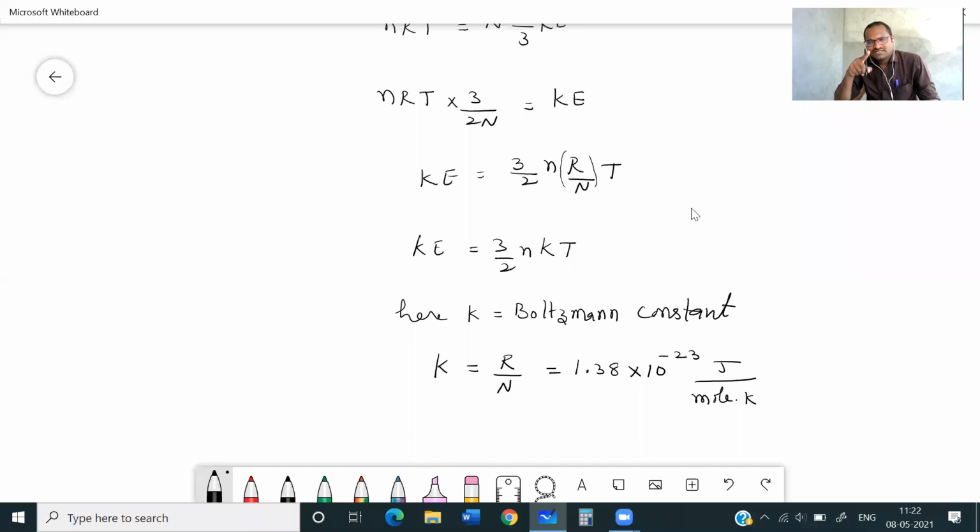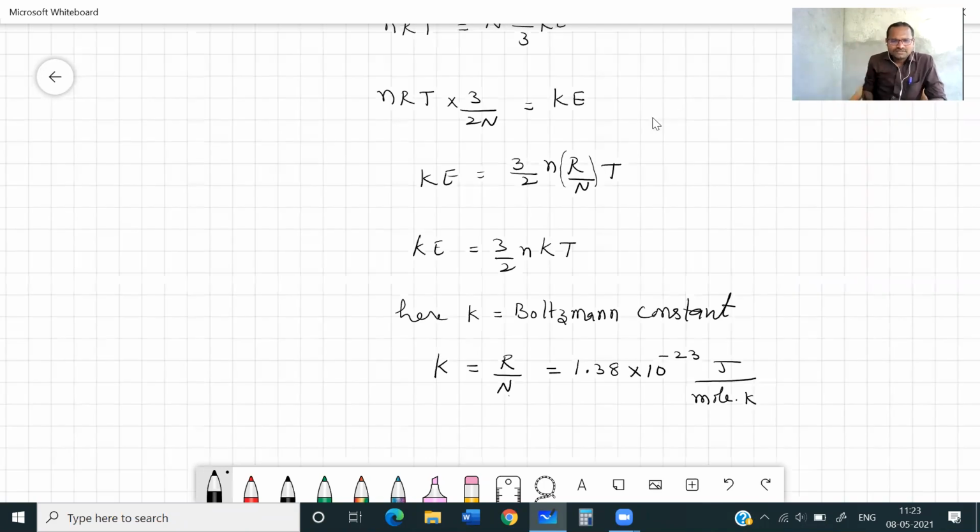In the JPG I sent yesterday, I have written the R value as joule per mole per Kelvin. But the unit of K is joule per molecule Kelvin, since here R by N is joule per molecule.